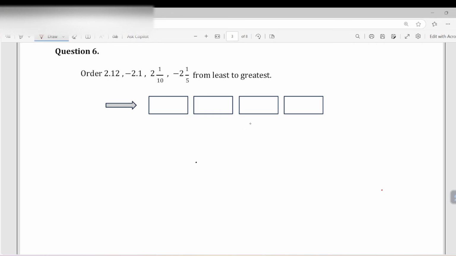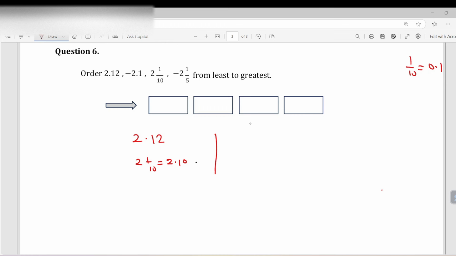See here, there are two numbers: 2.12 and one more, 2 1/10. 1/10 can be written as 0.1, so this is 2.10.